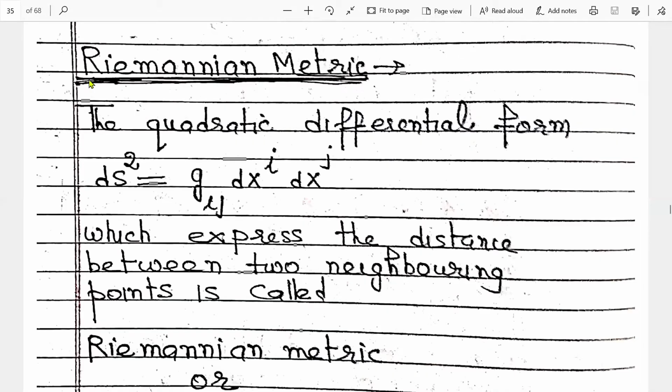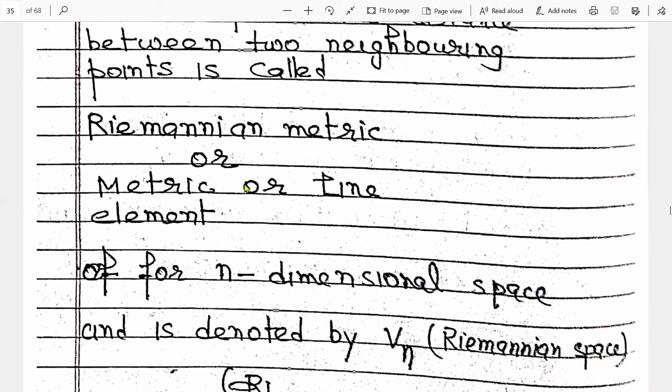So the next topic, Riemannian metric. The quadratic differential form gij dxi dxj, which expresses the distance between two neighboring points, is called the Riemannian metric or line element.